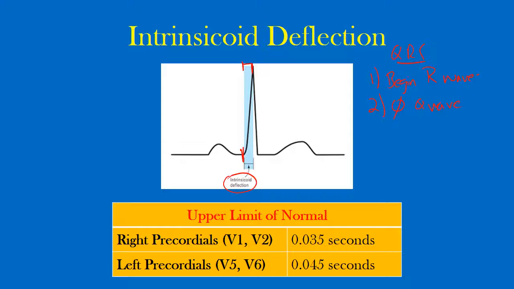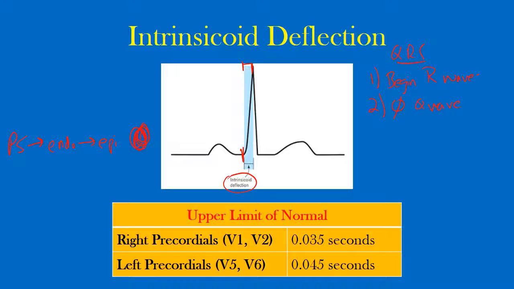Now the intrinsicoid deflection represents the amount of time it takes the electrical impulse to travel from the Purkinje system in the endocardium to the surface of the epicardium immediately under an electrode. So let's just draw that out. So here's our Purkinje system conducting to the endocardium, which conducts to the epicardium, and then imagine our electrode here.